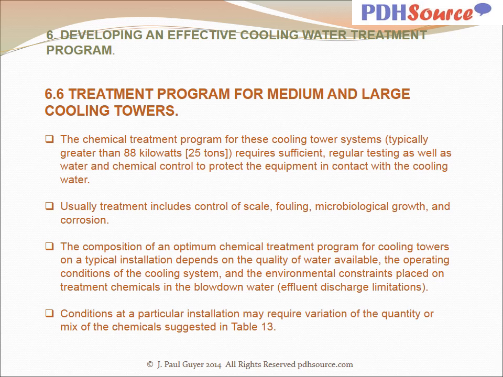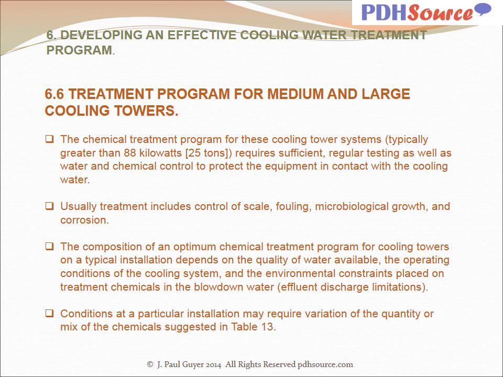For large and medium-sized cooling towers, the chemical treatment program typically requires sufficient regular testing as well as water and chemical control to protect the equipment in contact with the cooling water. Usually, treatment includes control of scale, fouling, microbiological growth, and corrosion.